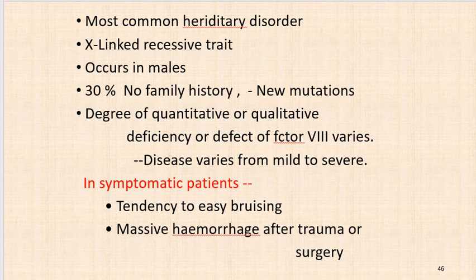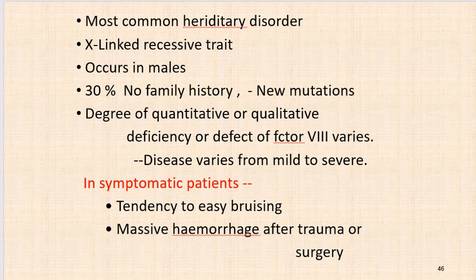It is an X-linked recessive trait. It occurs in males and is carried by the females, but 30% of the patients have no family history of abnormal bleeding, and in these conditions it is believed that new mutations have occurred in these persons.